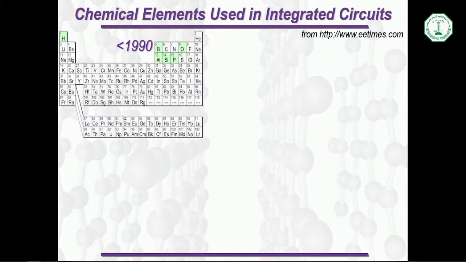I'll just speak for 1 minute about silicon technology. Here is the periodic table of elements which we used for silicon technology from the beginning until about 1980. Very simple technology: there is silicon, phosphorus and boron for doping, aluminum for interconnects, hydrogen and oxygen for passivation.